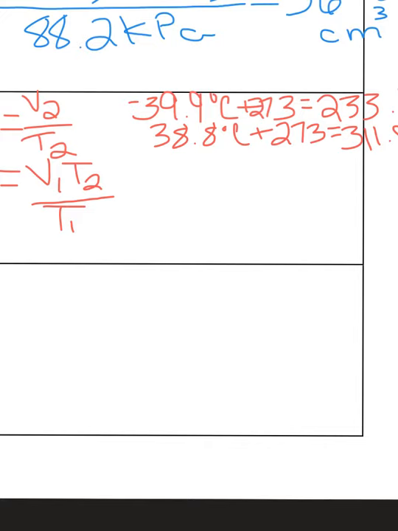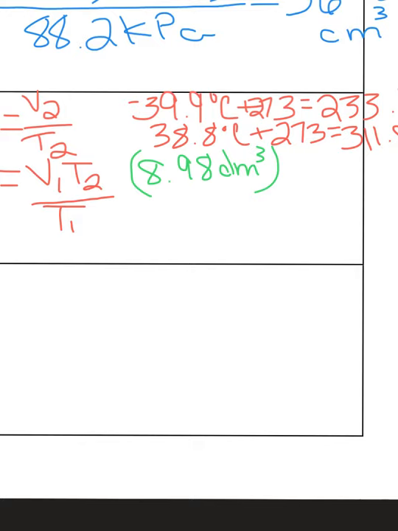Okay, so we're going to have 8.98. You know what? Let me do that in a different color so you can tell it apart from my temperature conversions there. Okay, so we have 8.98 decameters cubed times our T2, which was negative 39.9 degrees Celsius, but converted to Kelvin.